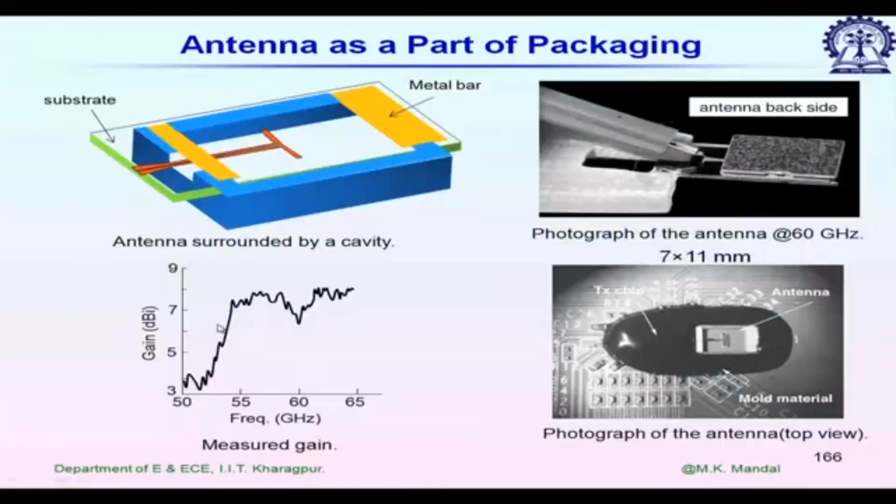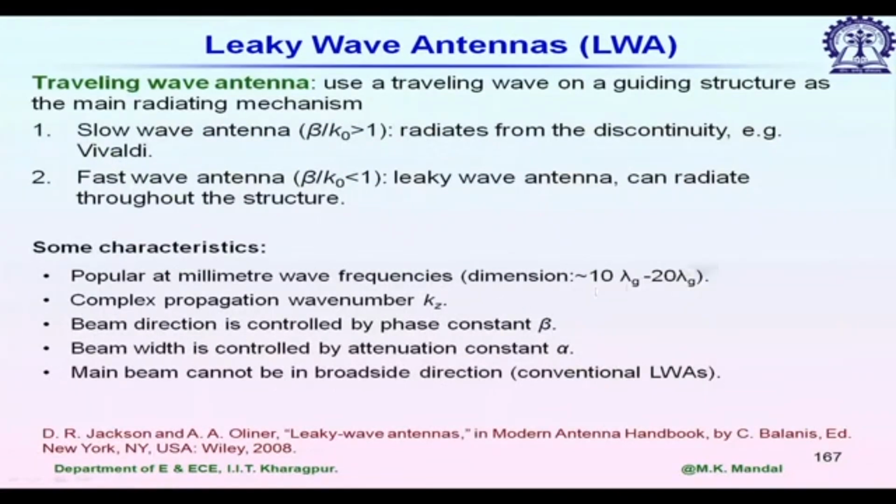So, these are some standard techniques used at millimeter wave frequencies to improve gain of the antenna, and the total size is 7 by 11 millimeter, including the antenna structure itself. So, that is all on chip antennas.